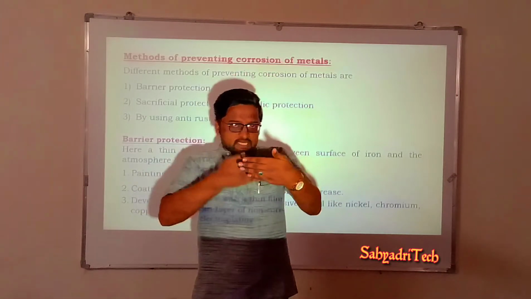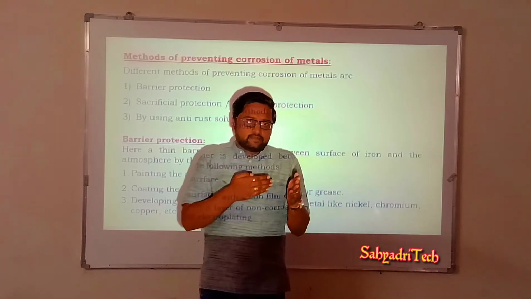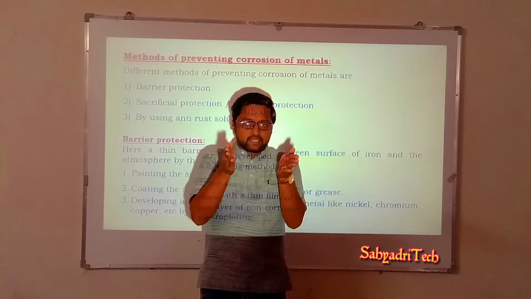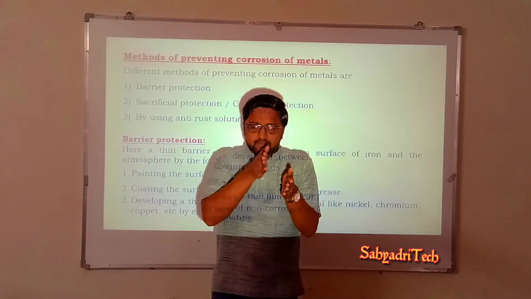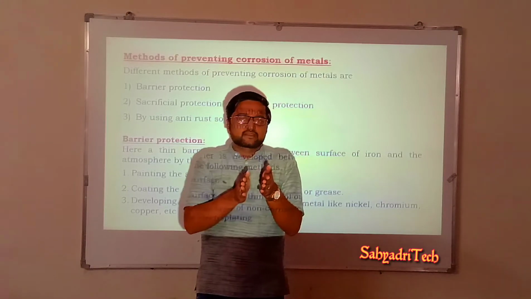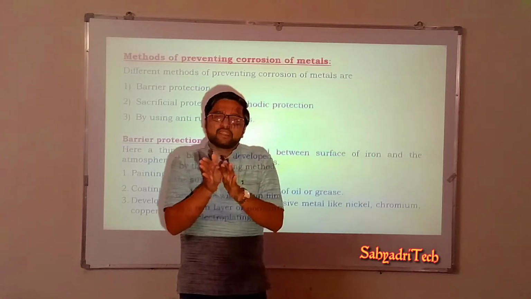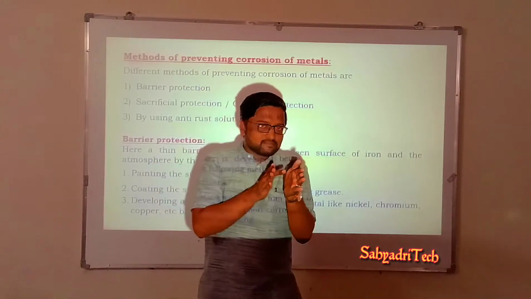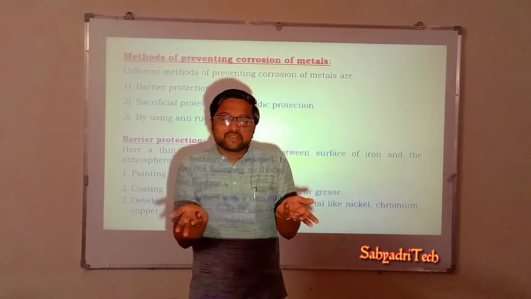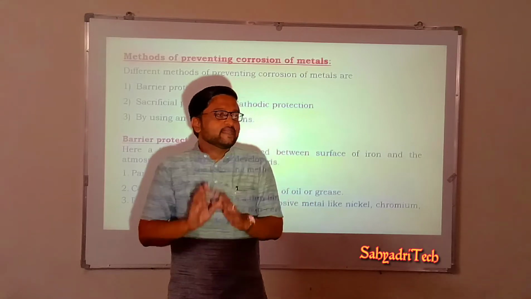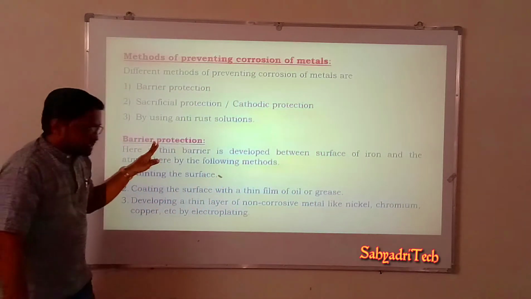Now, between the metal surface and the environment, if you place a certain barrier, then the metal surface won't come in contact with its environment, so it is possible to prevent the corrosion. So it's a simple idea behind barrier protection.